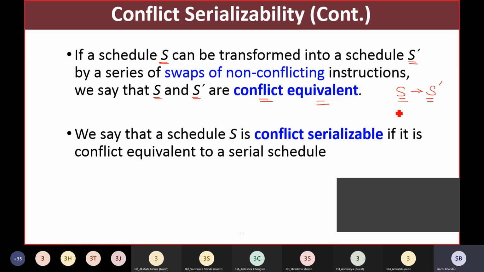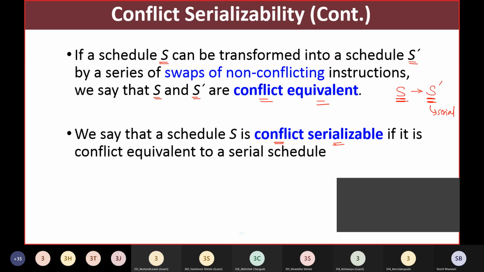And if we swap the non-conflicting instructions multiple times, and ultimately we come up with a schedule S dash which is a serial schedule, then we say that this original schedule S is conflict serializable.